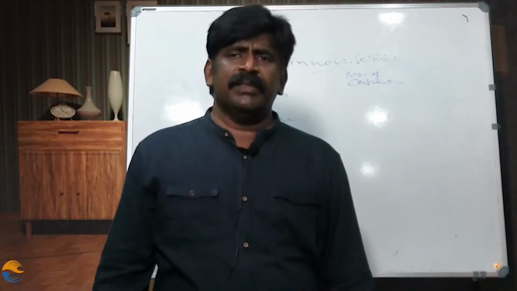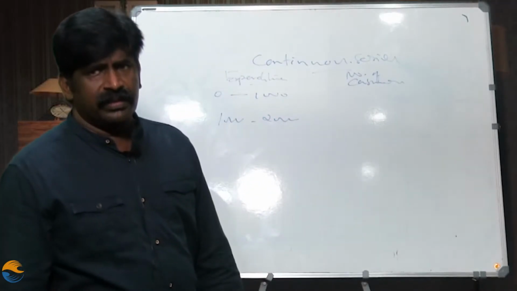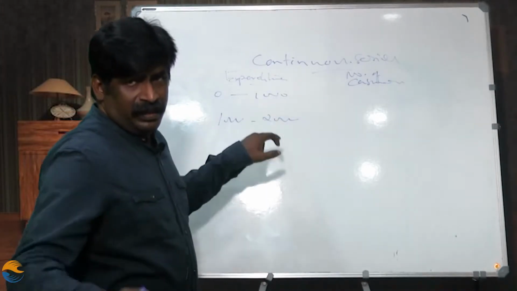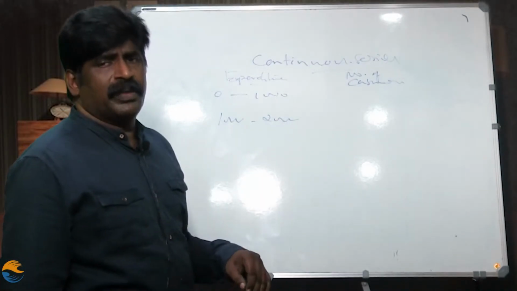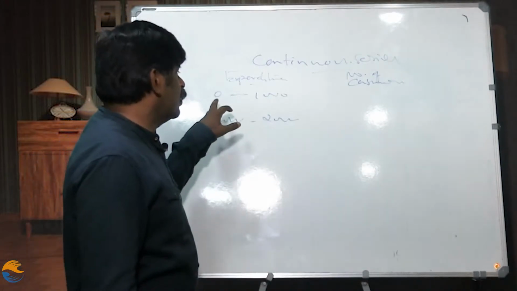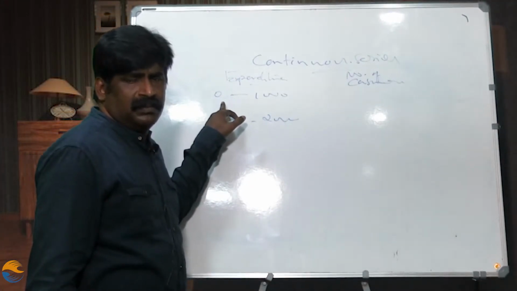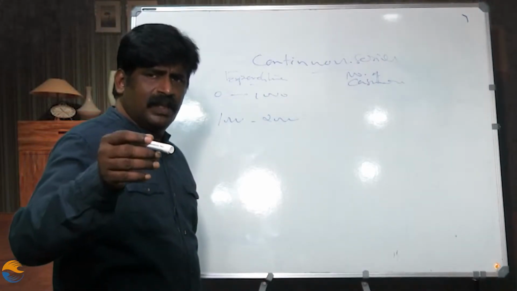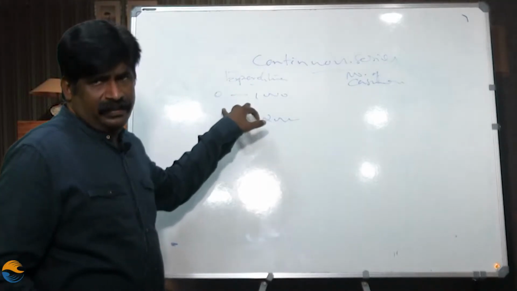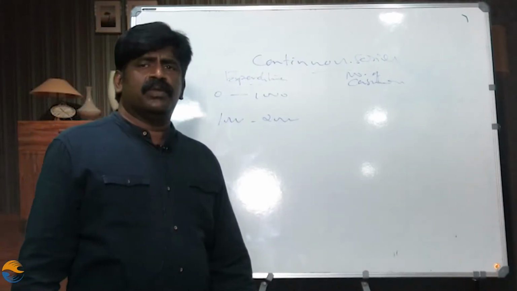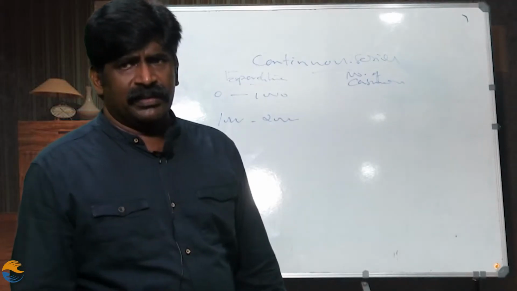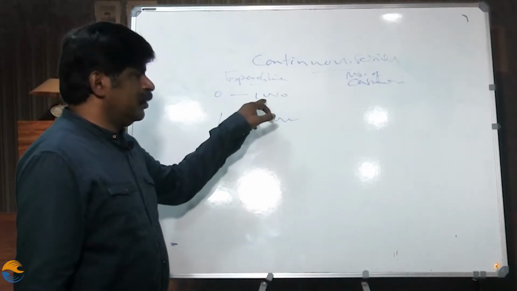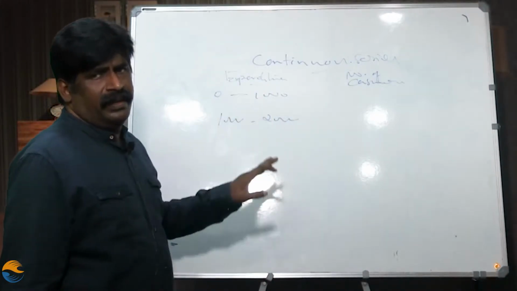Inclusive here means, for example, a person who spent nothing for the purchase of ready-made garments will fall under this group. As they spend nothing, his expenditure is 0. So 0 is included here. And a person who spent 1,000 rupees for the purchase will also be included here. So 0 and 1,000 figures are also included here.